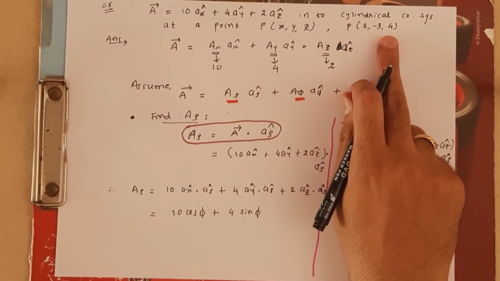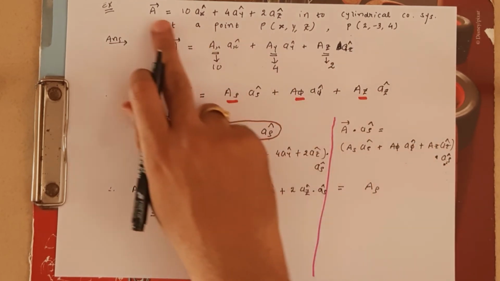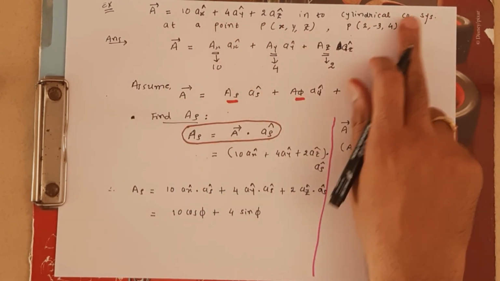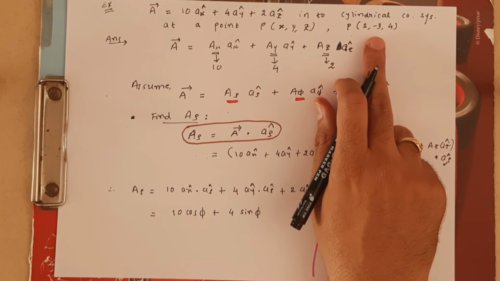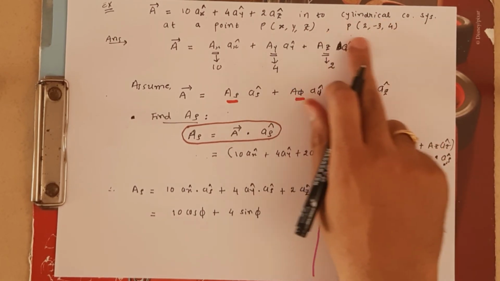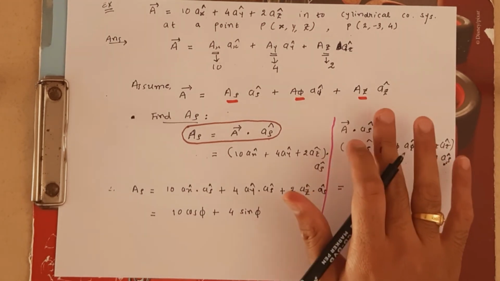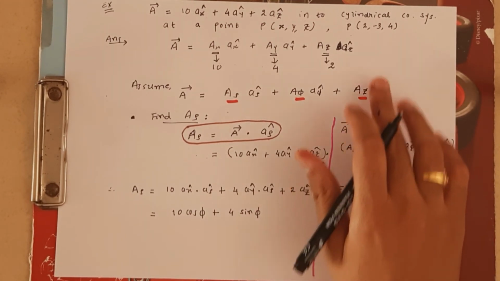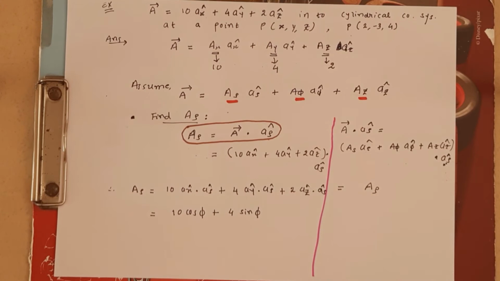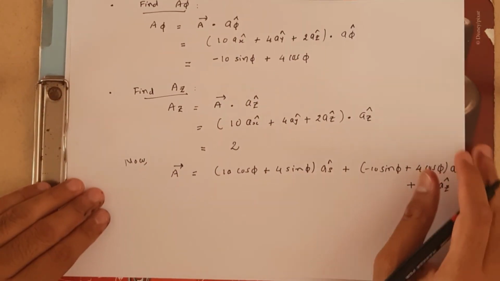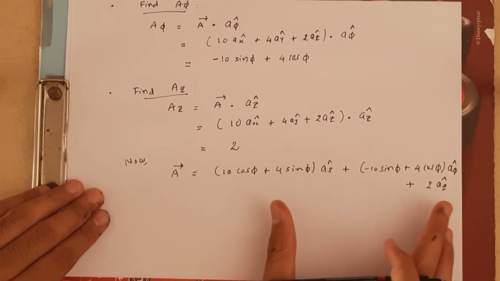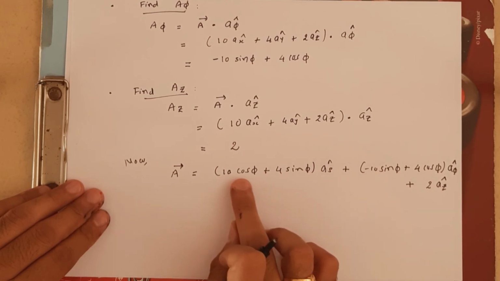That means the point is given in Cartesian coordinate system. Now we have to convert this vector into cylindrical at this point. So if you observe, the point is given in Cartesian coordinate system, so you have to first convert this point into cylindrical coordinate system, and find out rho, phi and z.